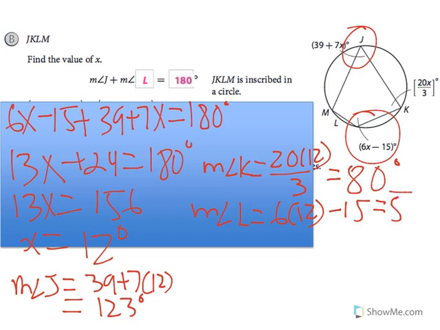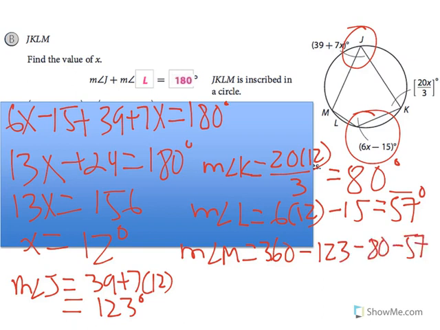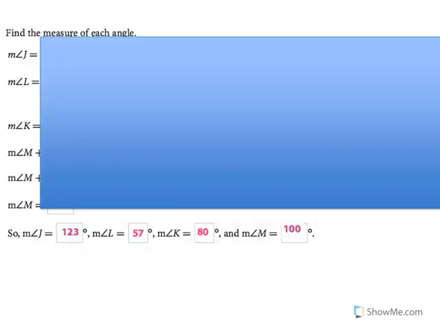So then it's 57 degrees, and angle M is 360 minus 123 minus 80 minus 57, which would be 100 degrees. Right. Okay, so then that takes care of this slide. Let's go on to our next one.